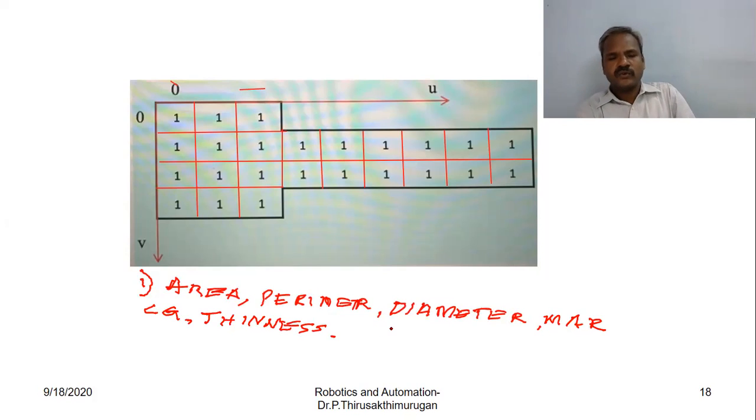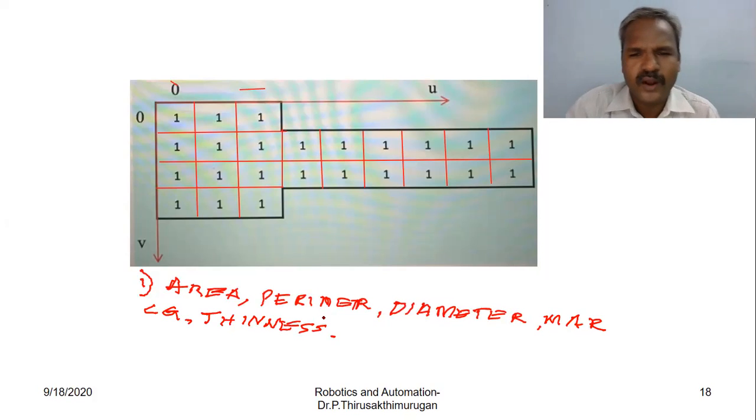So what is area? Any idea about area? Anybody? The total number of pixels available in the picture is nothing but area. Okay. Total number of pixels.